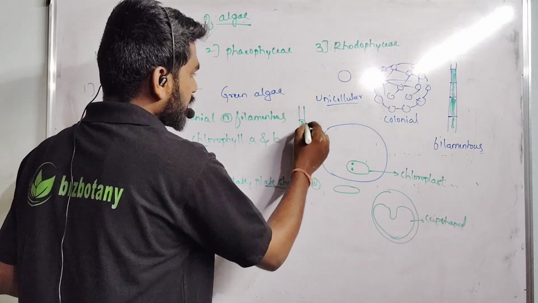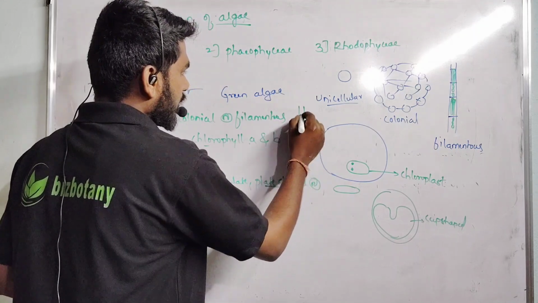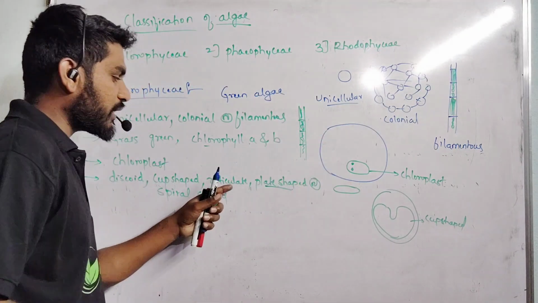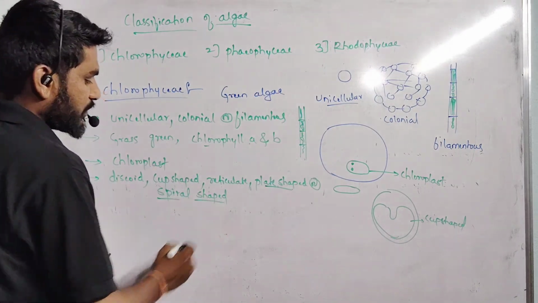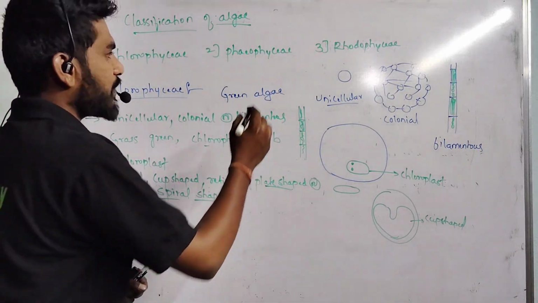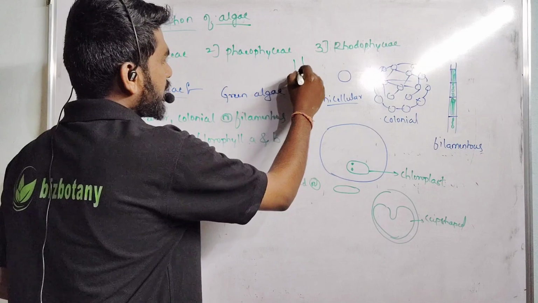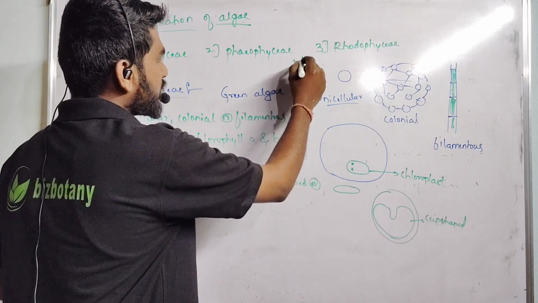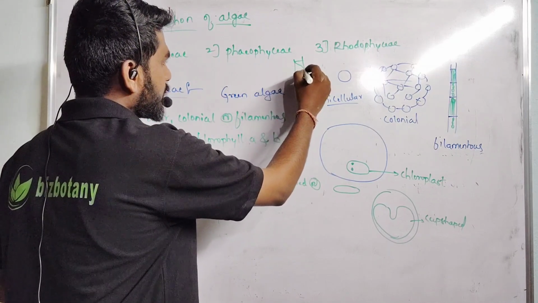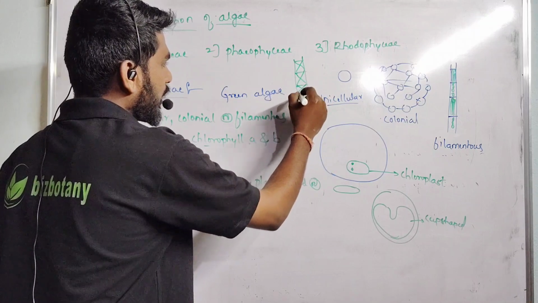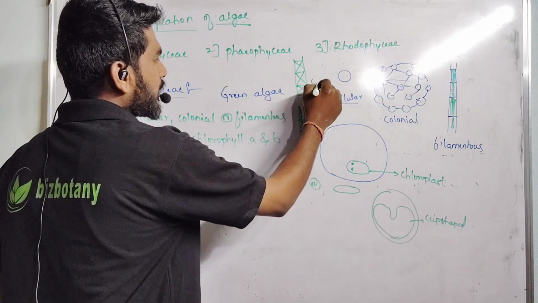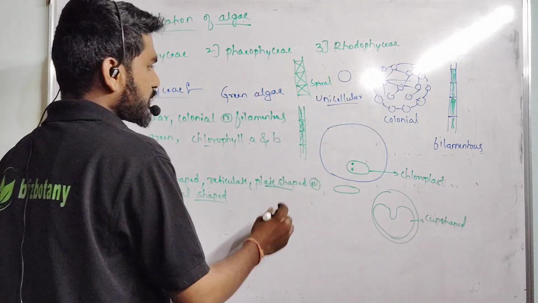We call it a reticulate chloroplast. Next, spiral shaped, spirally bound, in filamentous algae. This type of chloroplast is called a spiral shaped chloroplast.